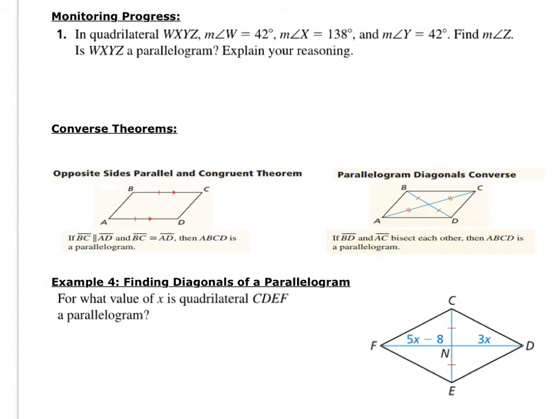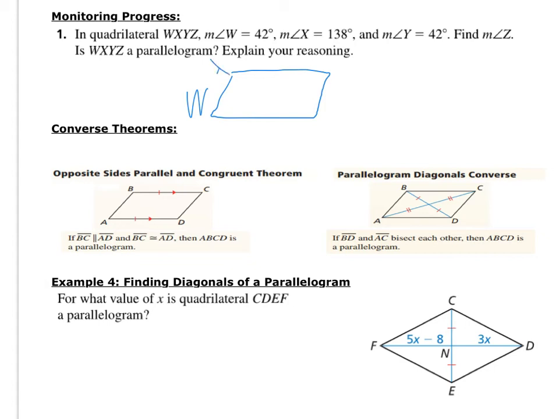Well, first of all, let's go ahead and make a drawing of this object. I'm going to draw it in the shape of a possible parallelogram, and I'm going to plot my letters just the way they named it. It doesn't matter where I start with W, but I'm just going to put W right there, and then go clockwise.